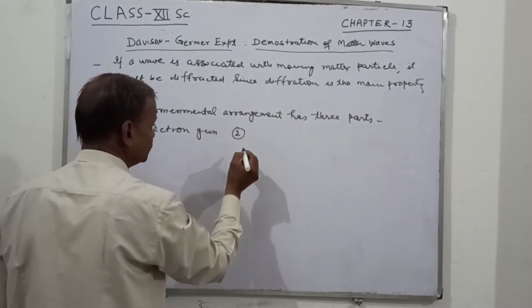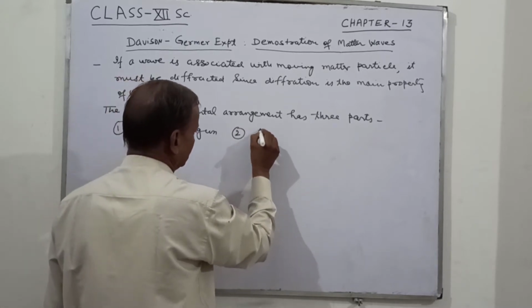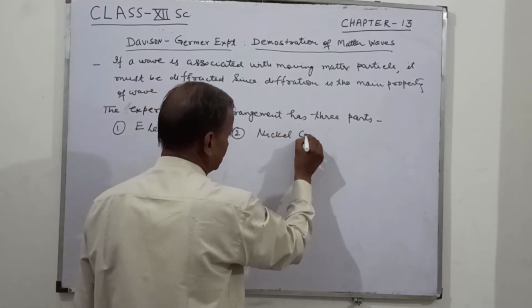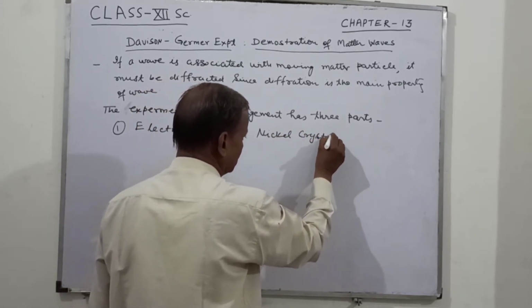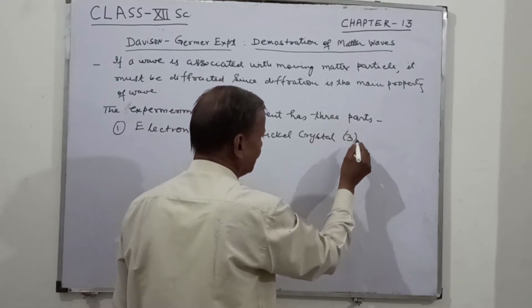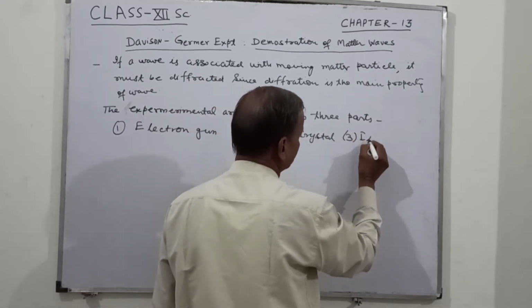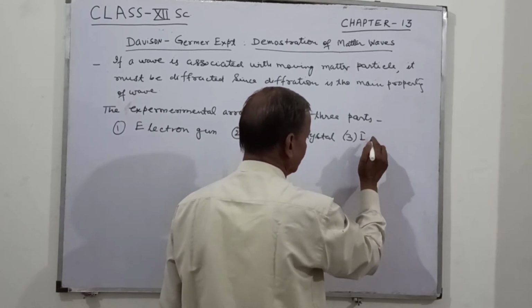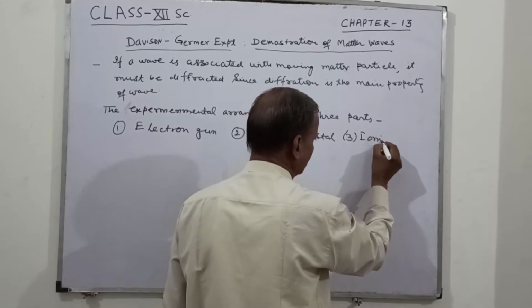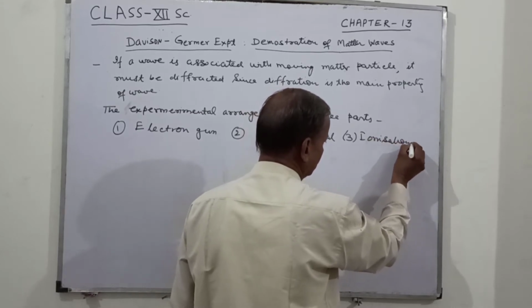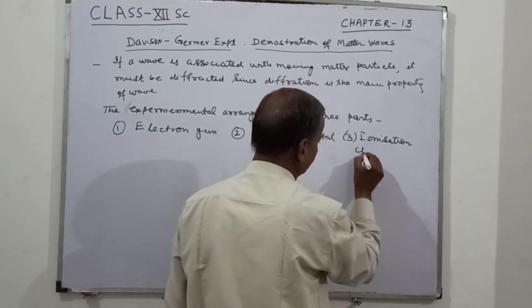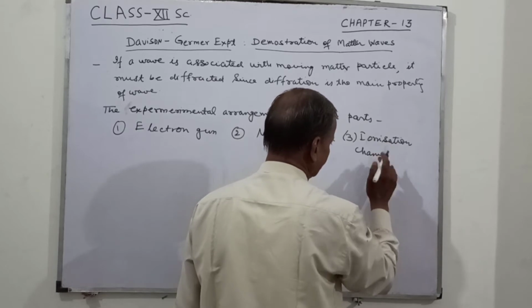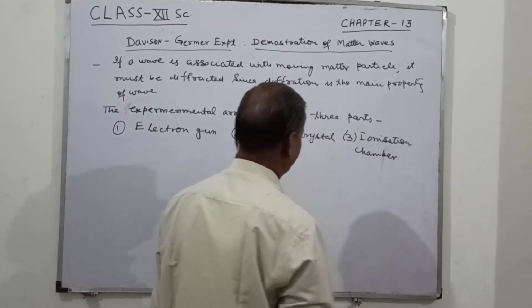Number two, nickel crystal. And number three, ionization chamber.